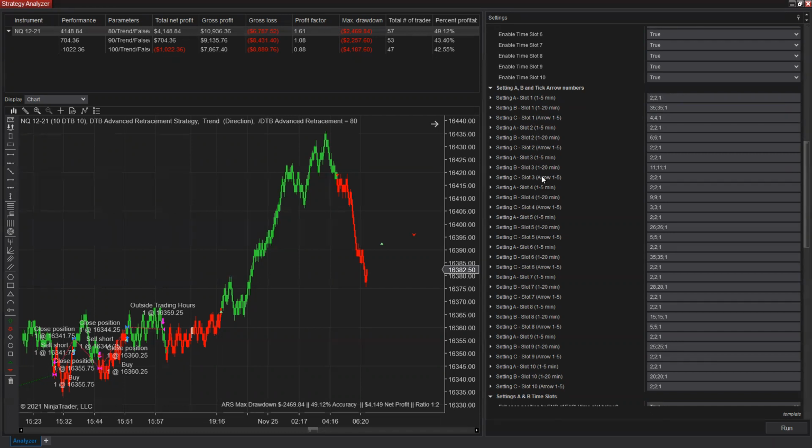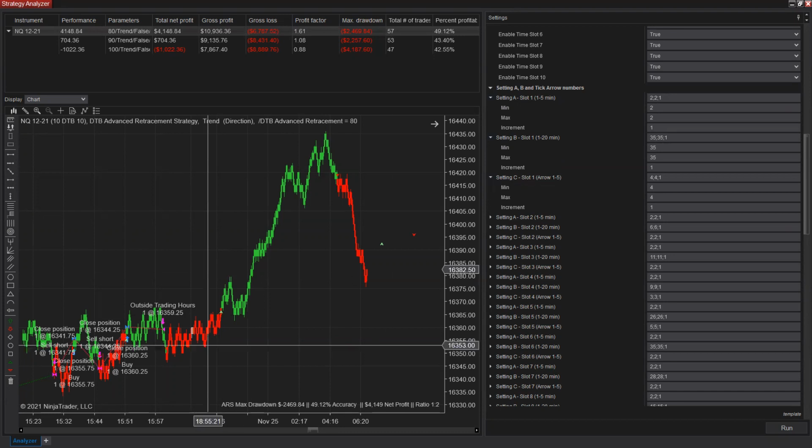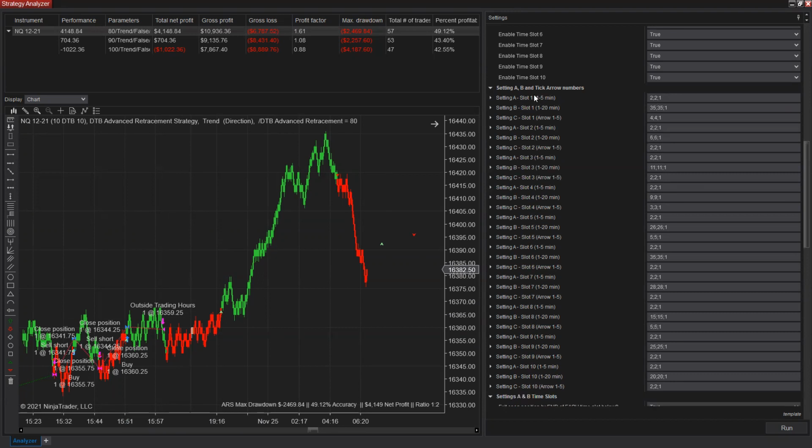Slot 1, slot 2, slot 3, and this is where you're able to go and choose. So your setting A will be your first one in the list. Setting B will be the second one. The setting 3 is your arrow count. So generally, you're going to have a switch over of arrows between 1 and 5. So that's why you can optimize between 1 and 5 over here. I've put the minimum values or the recommended minimum values in there too.